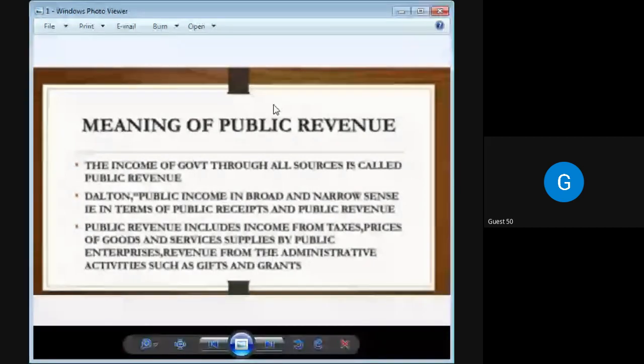The next is revenue from the administrative activities, like gifts and grants, other fees, penalties, all these. So these are the sources of public revenue. In short, public revenue means the income of the government through all sources.